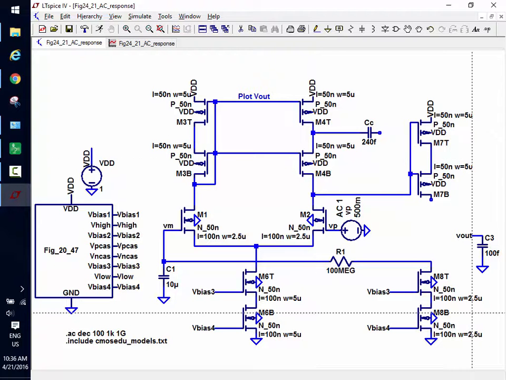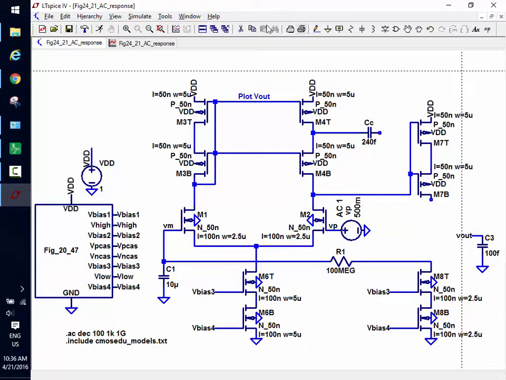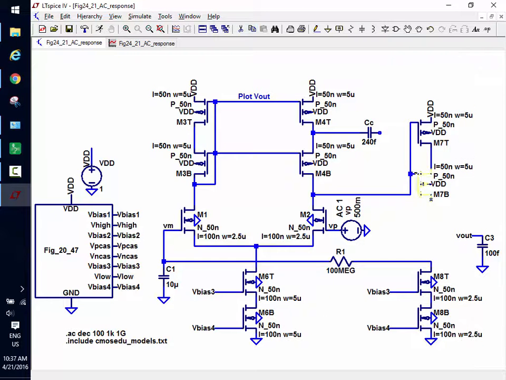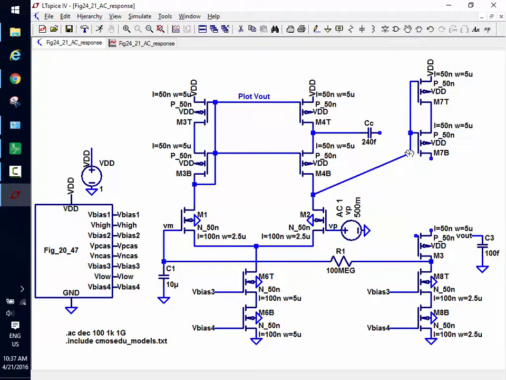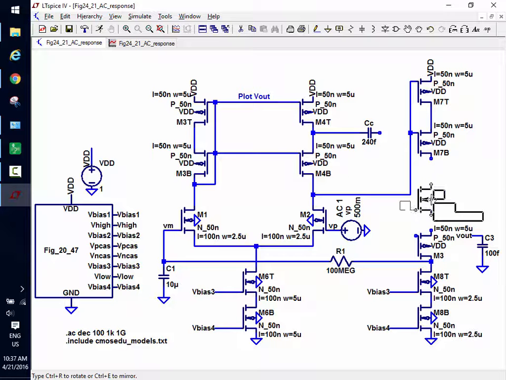And then let's copy, like this. And let's stretch this. And then let's copy the NMOS, and let's just copy this one. And get rid of that.